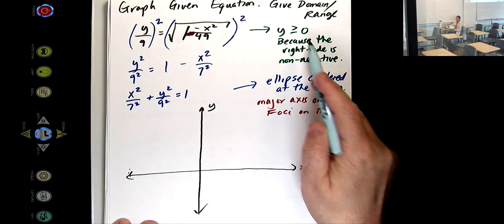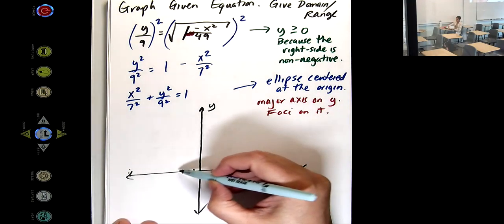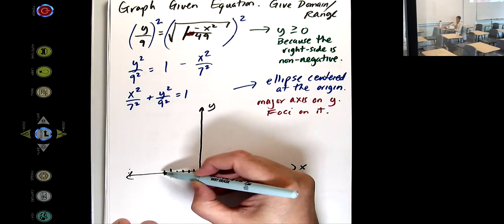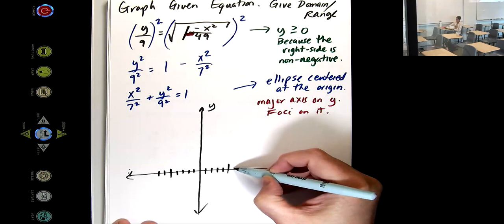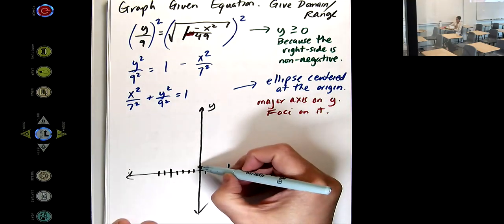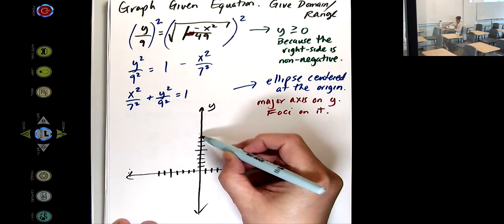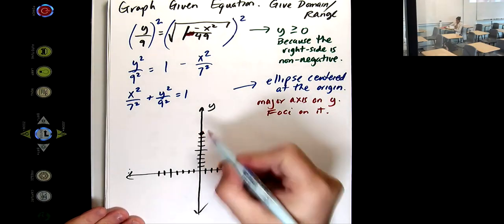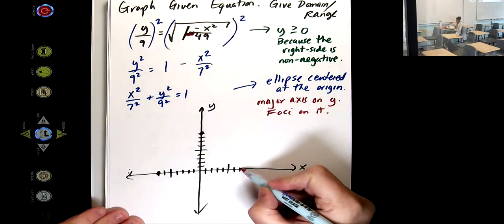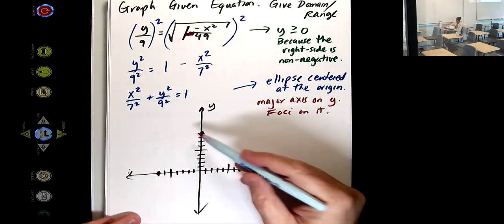That restriction is going to come in. But x goes left or right 7, and y goes up to 9. So I go 7 left or right from the center and up 9.